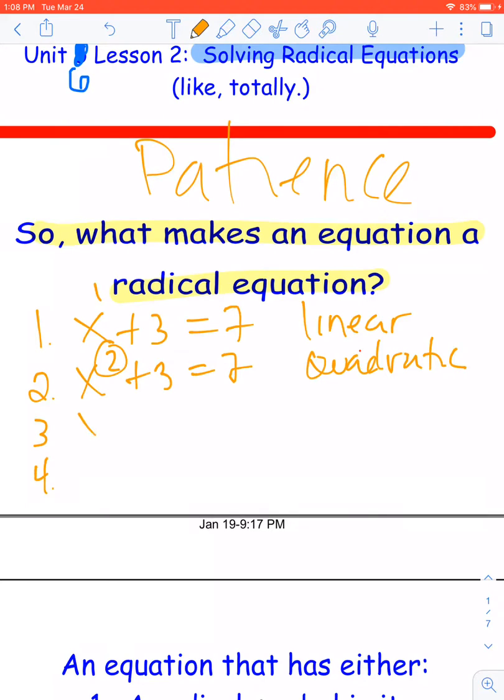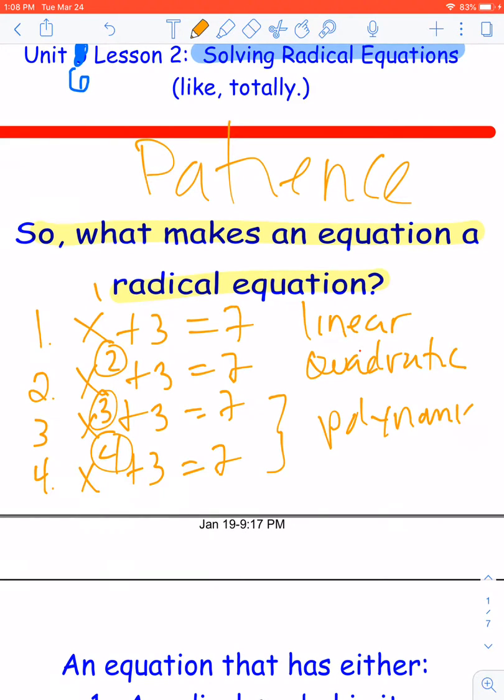Then we even talked about how to solve problems where the highest exponent was 3, so you got 3 answers, or the highest exponent was 4, and you got 4 answers. And we called those polynomial equations. So now we're adding to that repertoire of solving equations.